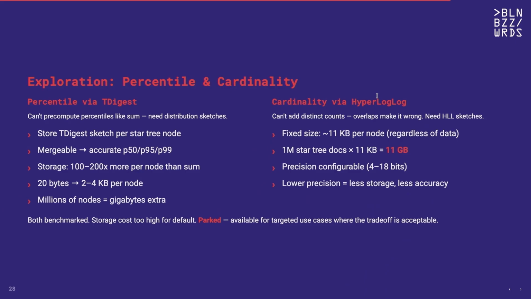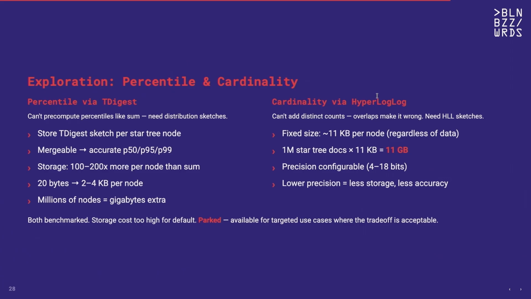It doesn't matter if you have one document or a million documents, it will still take 11 KB per node. So if you have a million star tree documents, that would be 11 KB times a million, which is 11 GB just for calculating cardinality aggregations. This is something which we do not want.